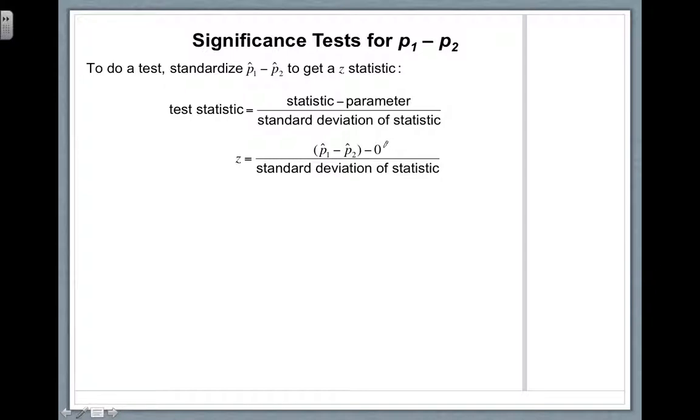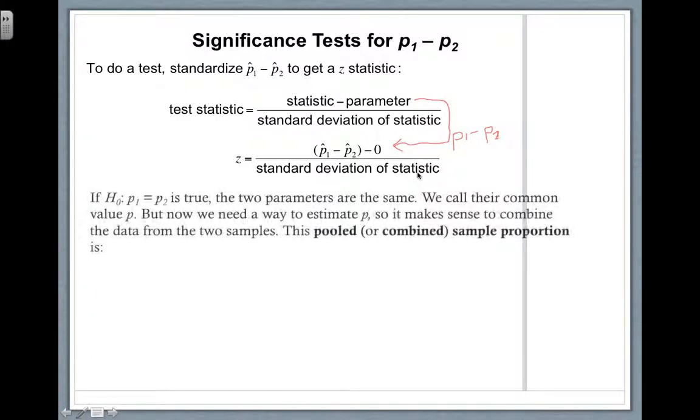And then this is always going to be zero. If the null says there is no difference, then the parameter, the proportion of 1 minus the proportion of 2, has to be 0 here.